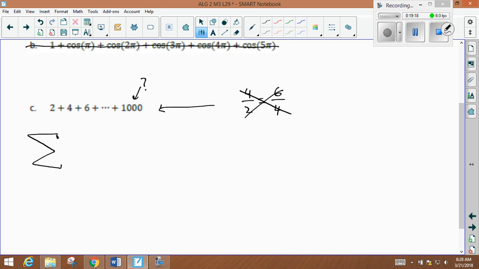Like 2 squared is 4, 2 cubed is not 6. It turns out that this is actually 2.